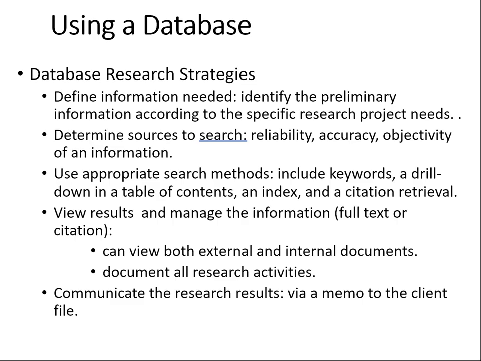Those are the typical standards for us to pick a database. Next, how to search. We have various search methods, including using keywords to search, drilling down a table of contents, using an index, and using citation retrieval.